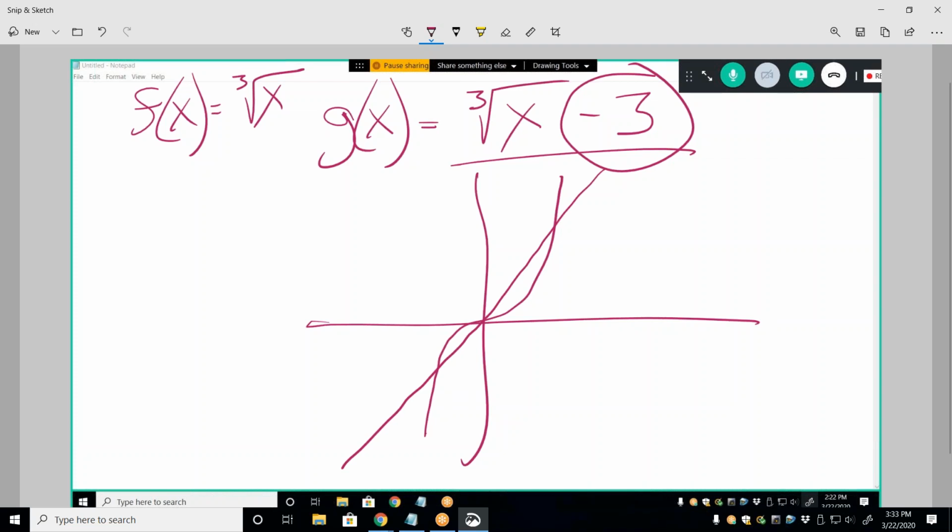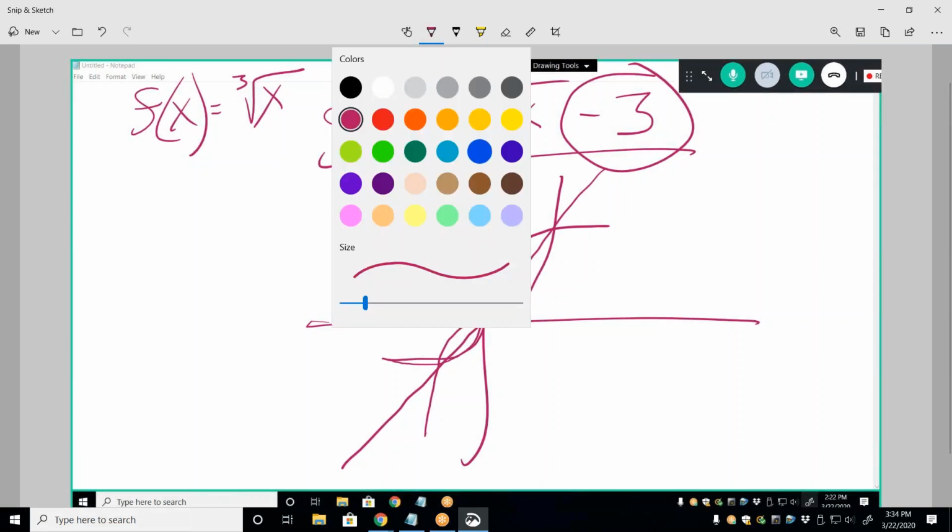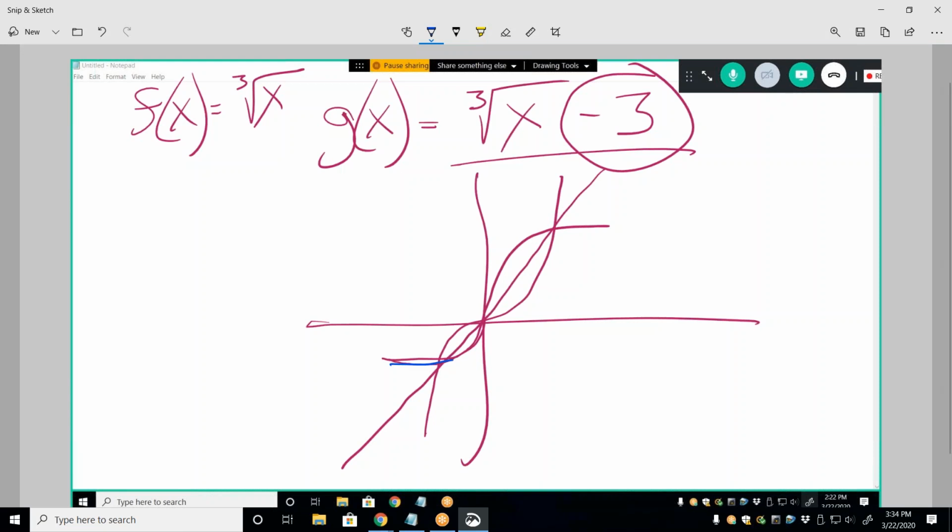So it should look like this. That's the way you do it. So that, let me put it in blue. And now this is what the cube root of x looks like. Now, if I'm going to shift that down 3 units, then it's going to look like this.